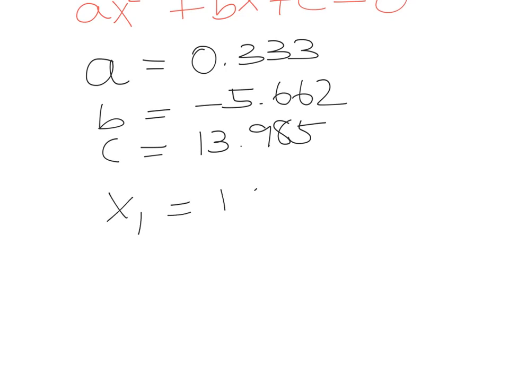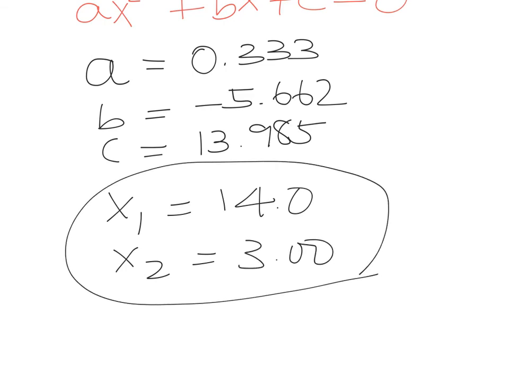And once you enter these values into your calculator, it will display two values of x. x1 will be 14.0 and x2 will be 3.0. And in class, these are the two values that we used to test our equilibrium concentrations. Remember, even though you will get two solutions to the quadratic, you have to test both of them.